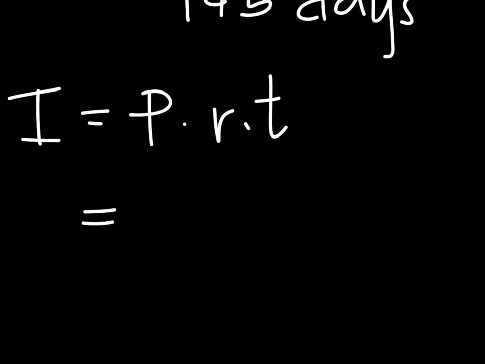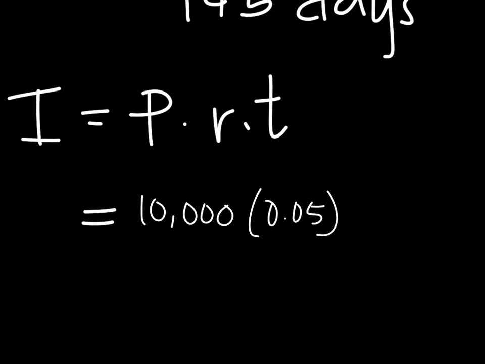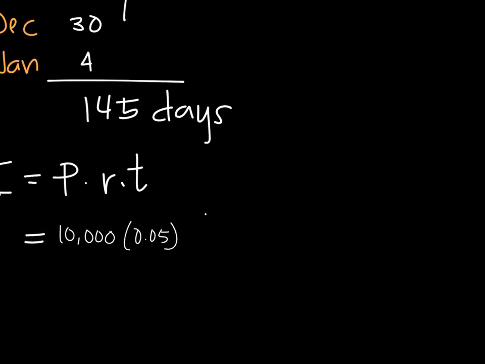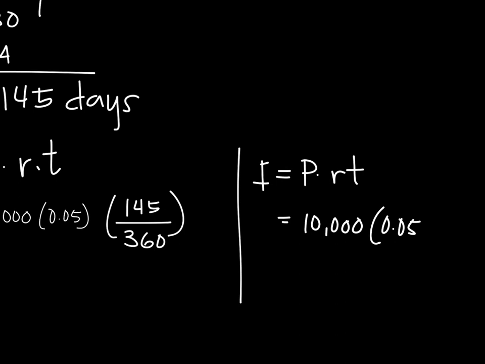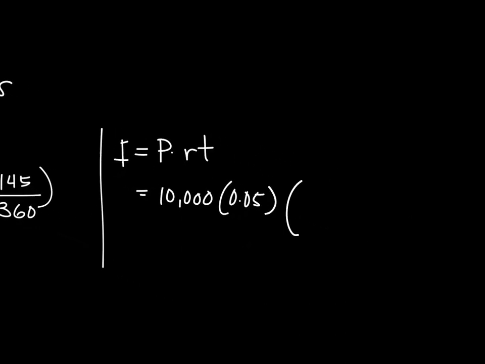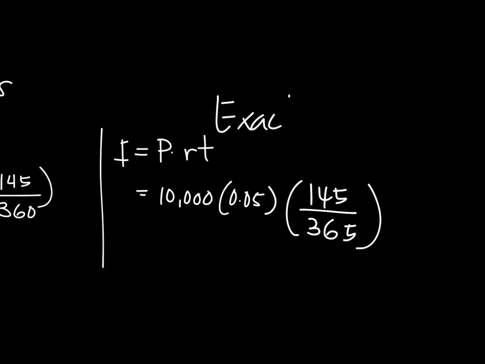The rate is 5%, so 0.05. For the days, we have 145. For the ordinary interest, we use 360. If this was an exact interest, I is PRT, that's 10,000 times the rate 0.05 times the time 145 days over 365 days for the exact interest.